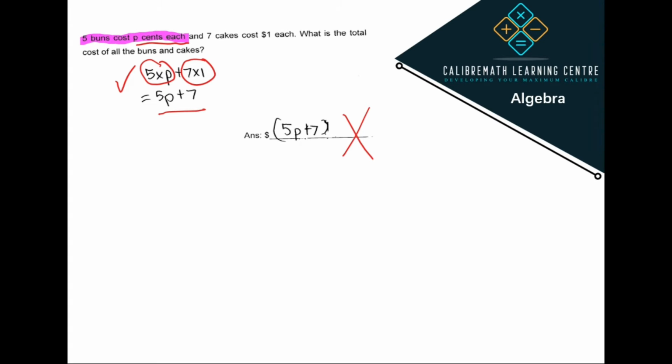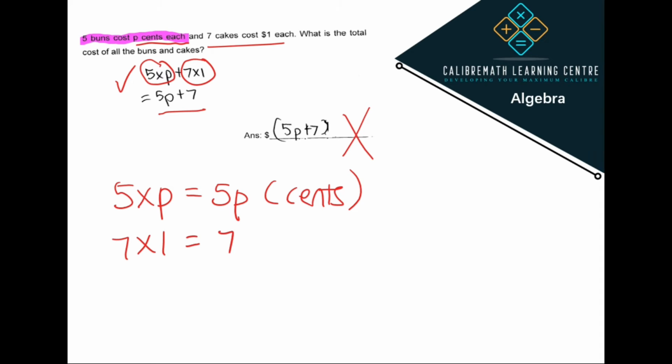Bear in mind that when this student did 5 multiplied by P, the 5P is in terms of cents. And then the 7 cakes, he multiplied that by 1 and he got 7. This is in dollars. So you should know that you're not supposed to add 5P plus 7, because 5P is in cents and 7 is in dollars.